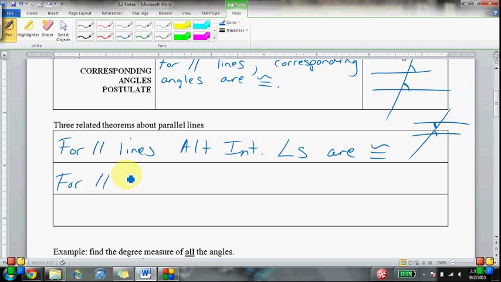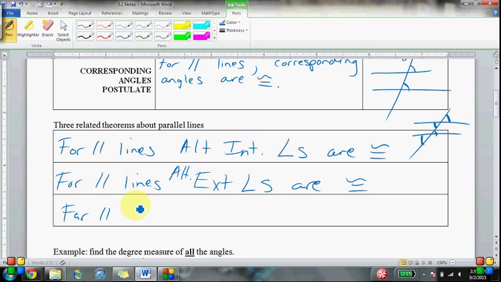Another one for parallel lines, alternate exterior angles are also congruent. So if I had these lines right here, alternate exterior would be this angle and this angle, which makes sense because this angle is vertical to this angle, which is vertical to this angle. We already said that those were congruent to each other.